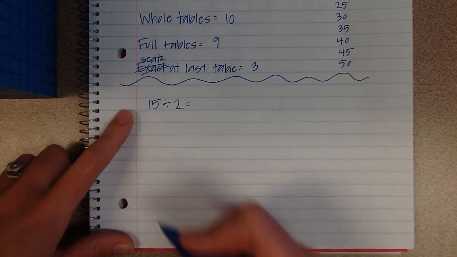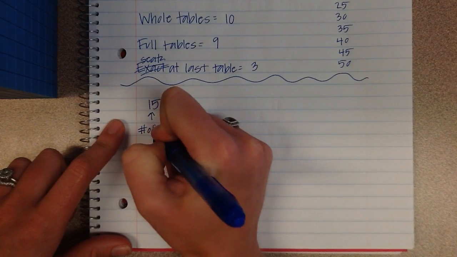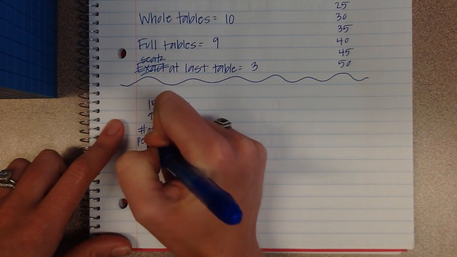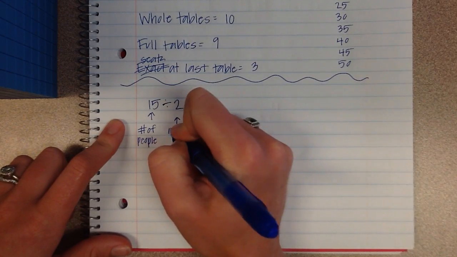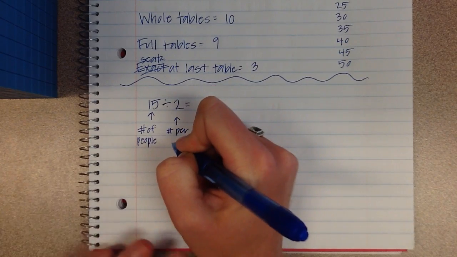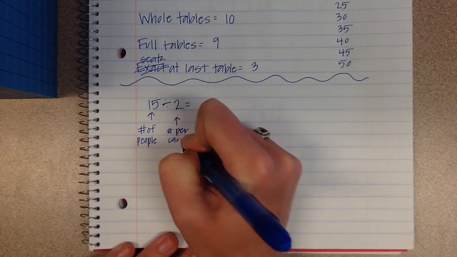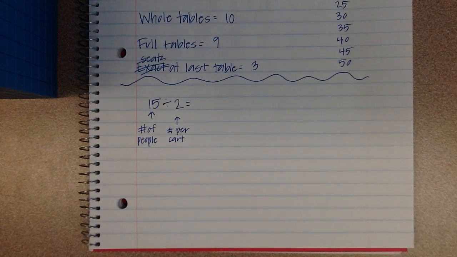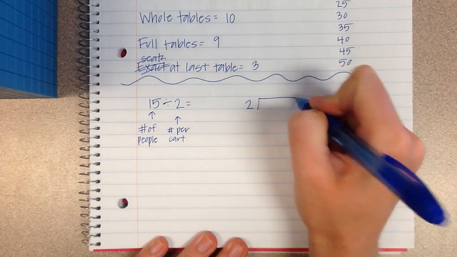That's including you. So this is number of people, and this is number per cart, cage, whatever you want to call it. So we know we're going to have to do a division problem. It's going to look like this: 15 divided by 2.